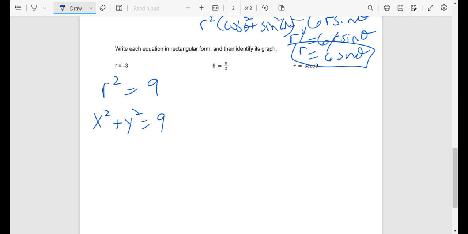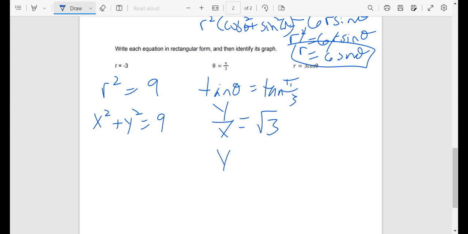So if I put tan to both sides, tangent of pi over 3 is root 3. And then what do we know about tan theta? It's equal to y over x.